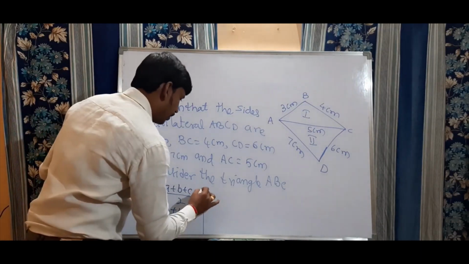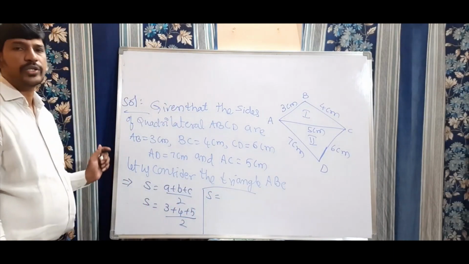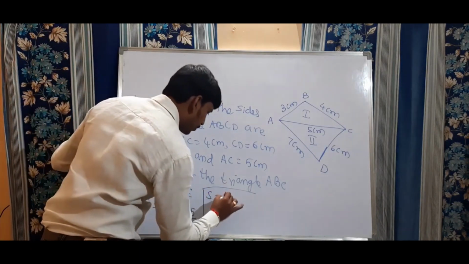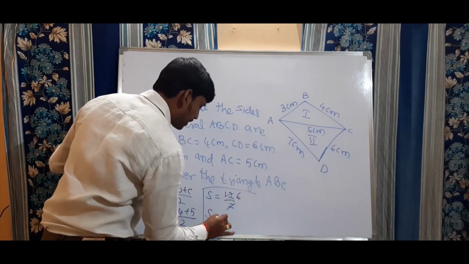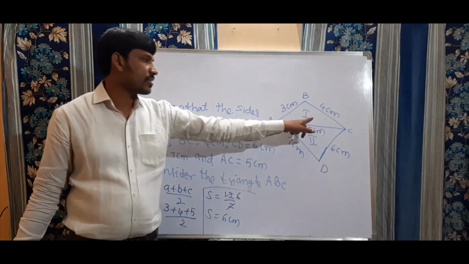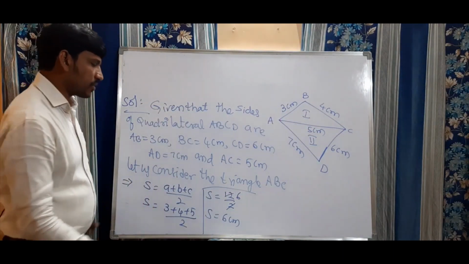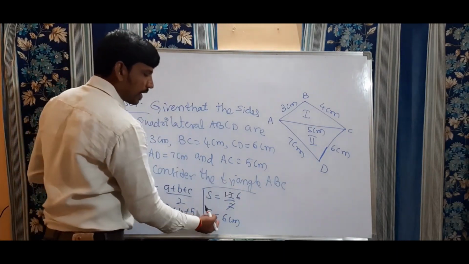So S is equal to 3 plus 4, how much is it? 7. 7 plus 5 is how much? That is 12. So 12 by 2, 2 sixes are 12. So therefore S equals 6 centimeters. Here this S is only for the first triangle, not for the second triangle. We are finding the area of the first triangle, that's why we consider the first triangle ABC. Now we got the S value.